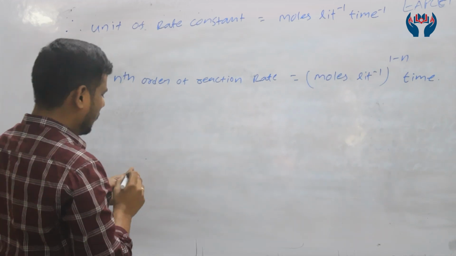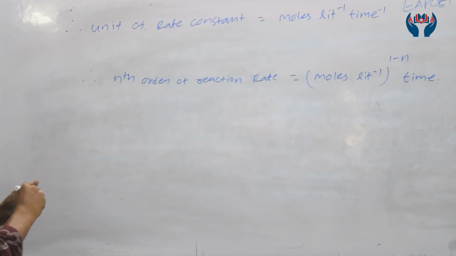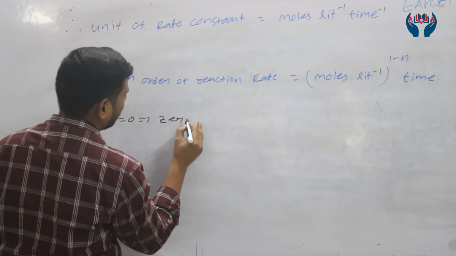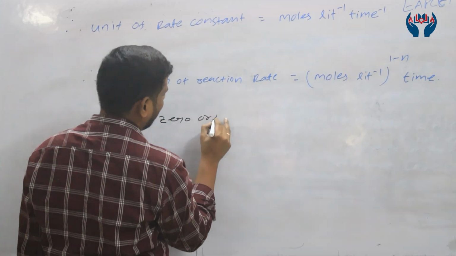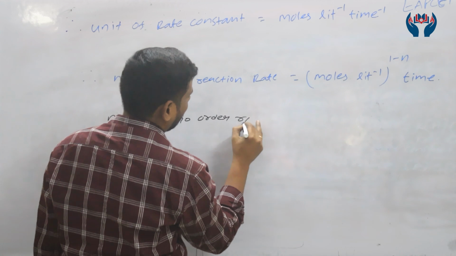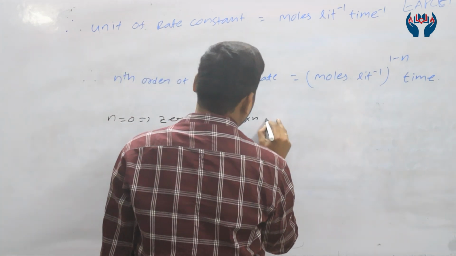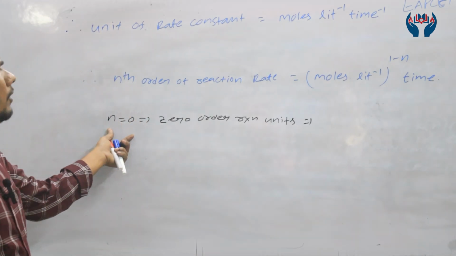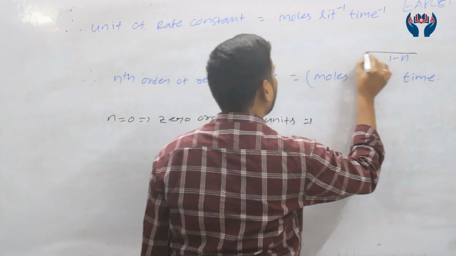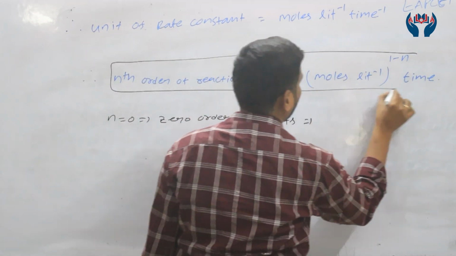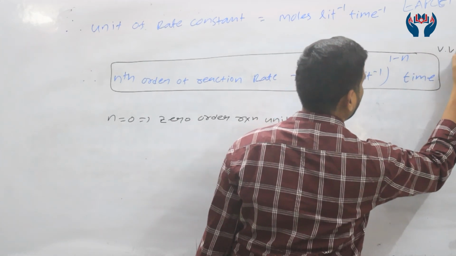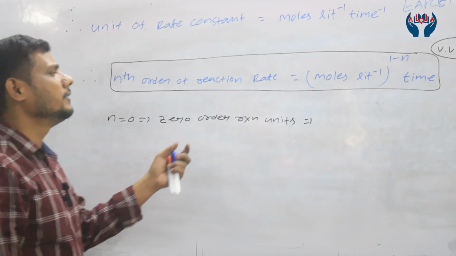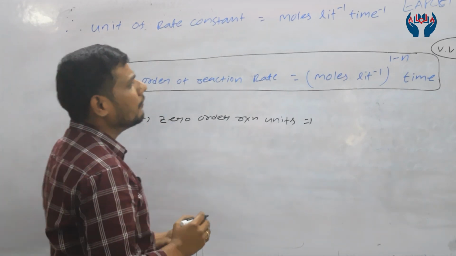For example, we want the zero order reaction. n equal to 0 means zero order reaction. In this zero order, n equal to 0, substitute in this nth order of reaction. This is very important. So many times it is asked in units: for a zero order reaction, what are the units?